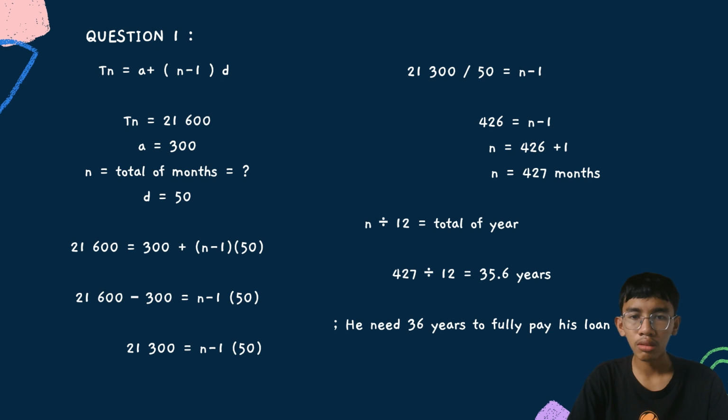So we get 21,300 equals n minus 1 in the bracket 15. Then we bring the 15 to the left, so it will be divided. So it will be 21,300 divided by 15 equals n minus 1.